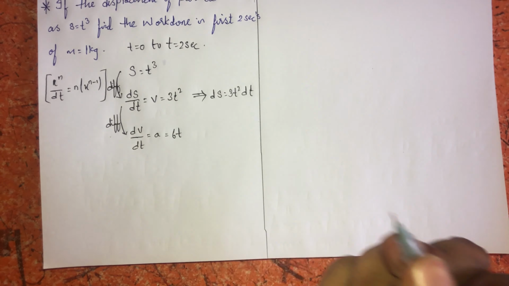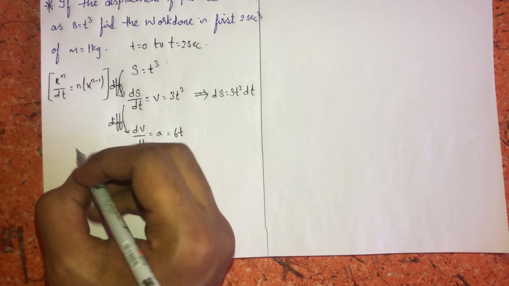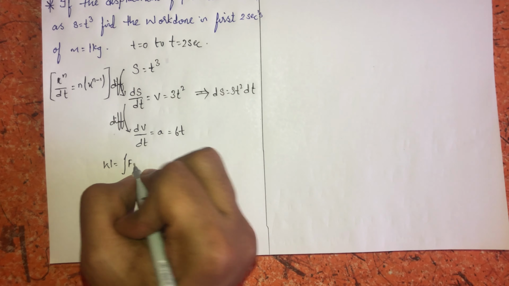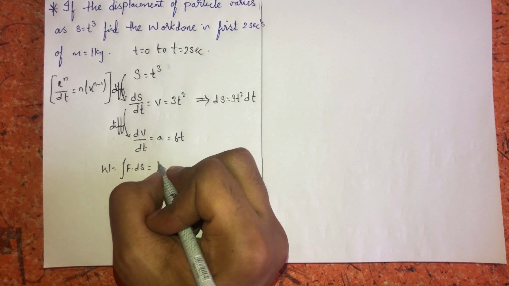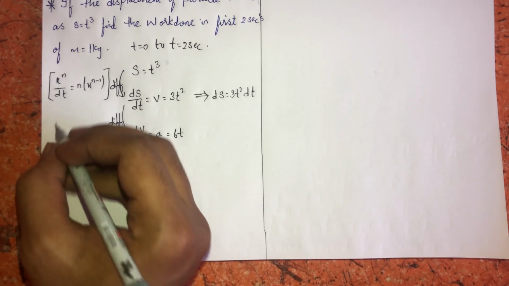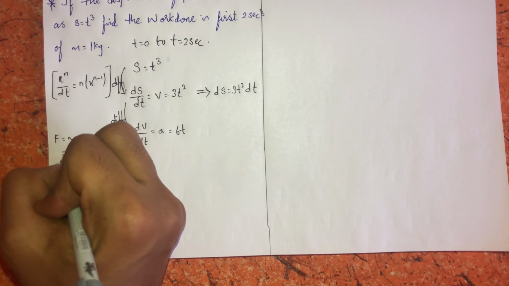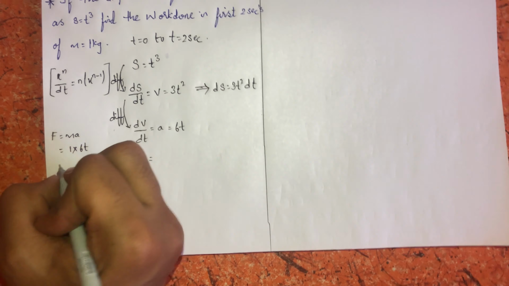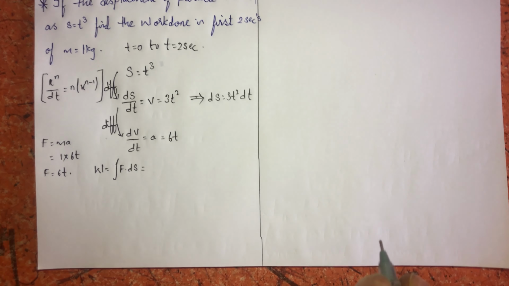Then as we saw in the previous problems, work done will be equal to integration of F dot ds, where force will be F equals ma, where mass is given as 1 and acceleration is 6t, so F is equal to 6t.